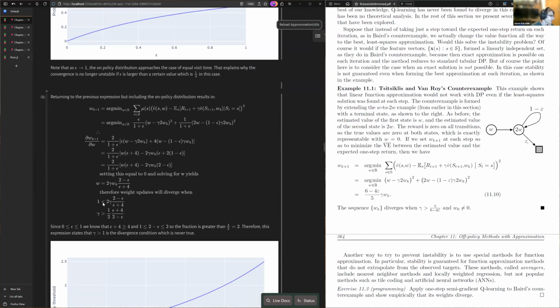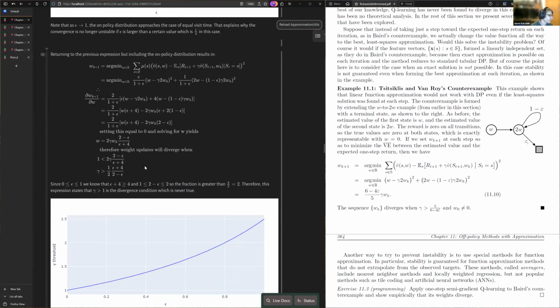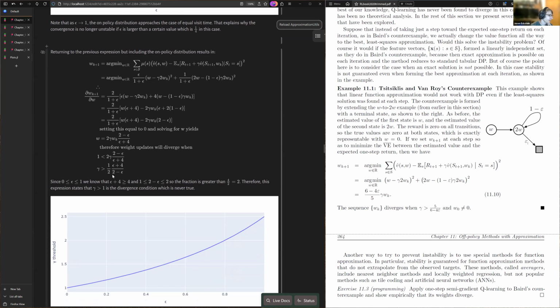So we have the gamma here. So we can come up with the condition under which there's some value of gamma for which this whole thing will be greater than 1. However, we know that epsilon is between 0 and 1, right? So if you look at this expression, we have epsilon plus 4 and 2 minus epsilon.